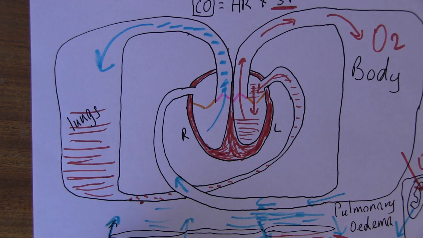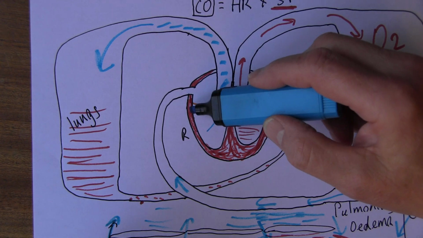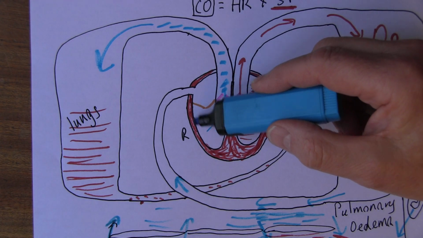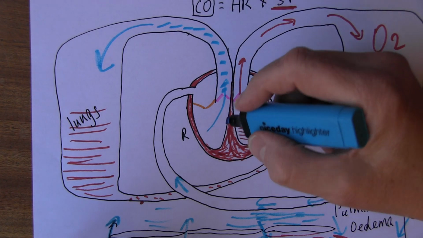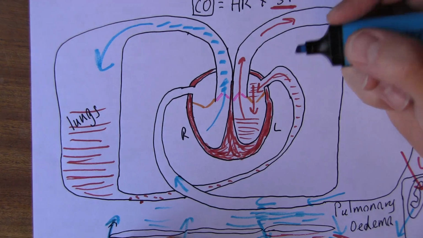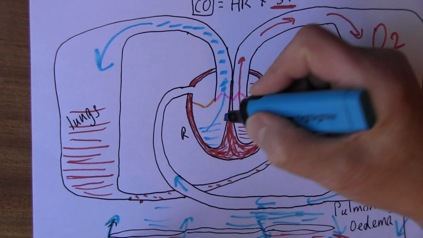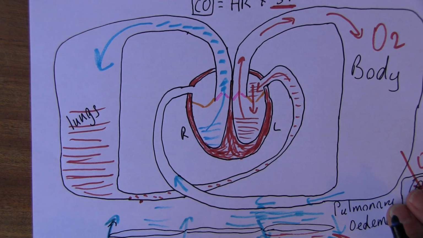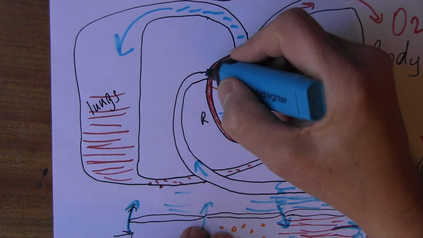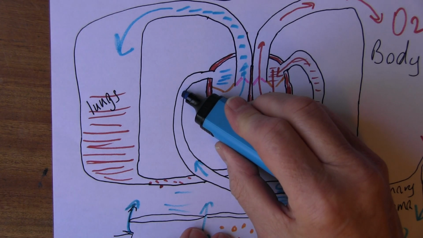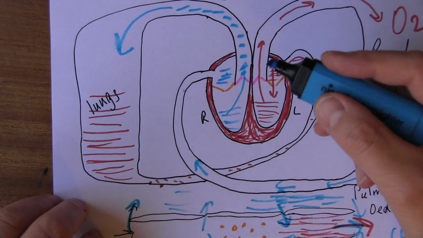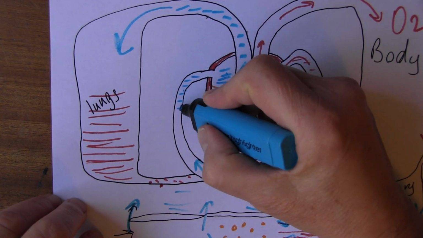So now we've developed a right ventricular failure because of the high workload of the right ventricle over a long period of time. Can you see that when the right ventricle contracts, because we've now got a right ventricular failure, that's not going to be able to pump out enough blood either, so there's going to be blood left in the right ventricle. Can you see that's going to dam back to the right atrium, and that's going to make it harder for the blood from the systemic veins to get back in to the right atrium, so the blood's going to dam back in the systemic veins.